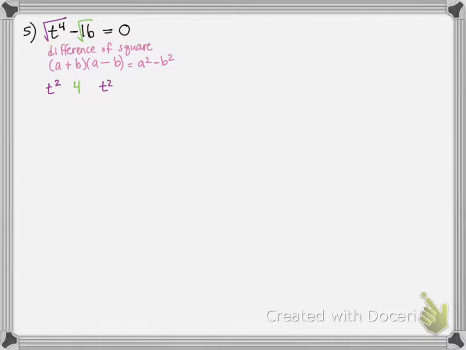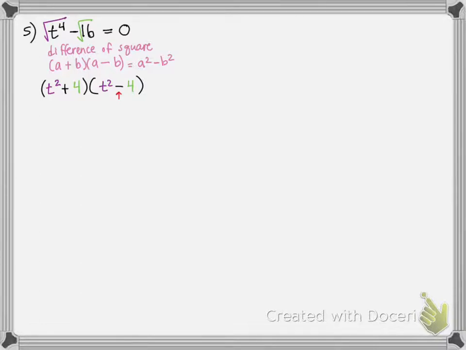And that's going to go in 2 places. Then we're going to create our binomials. We're going to get one sum and one difference. The only thing you have to do is look at the one with the subtraction and ask yourself, are those perfect squares being subtracted? And the answer is yes.